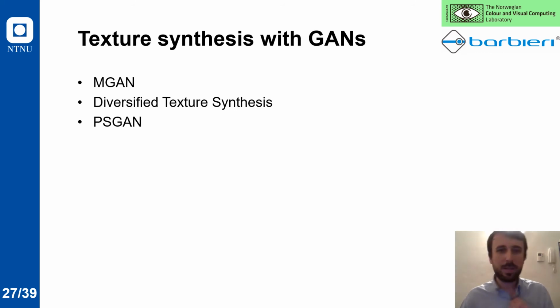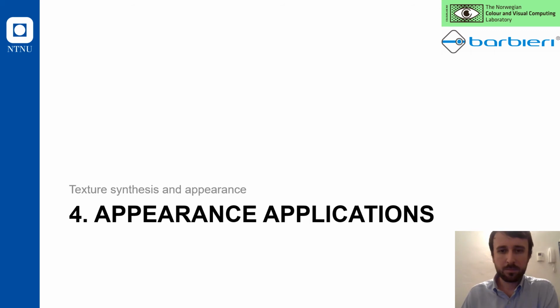Then Yetchev and Bergmann developed a set of GANs that tries to synthesize textures of arbitrary size, which they have improved in time to account for periodic and global structures in the input texture. And finally, Zhu and colleagues have developed a GAN that permits to expand an existing texture patch in an optimal way.